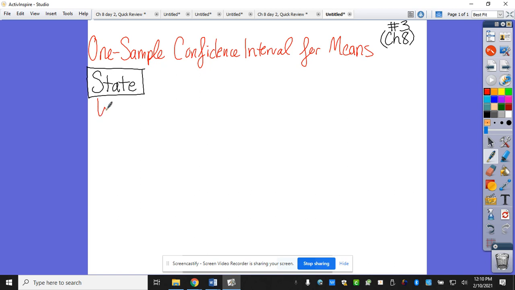So we're going to start with what we want to do. So our whole point is trying to estimate the parameter. So we want to estimate, right now, because we're dealing with means, we're trying to estimate what symbol? Mu. I'm writing that in a different color, but not putting it as multiple options, just because eventually that could be something else. But for this sheet, that's the only one that's going to be there.